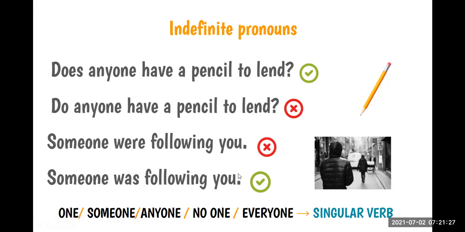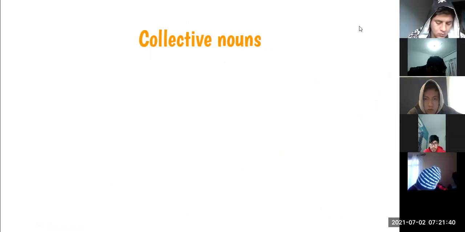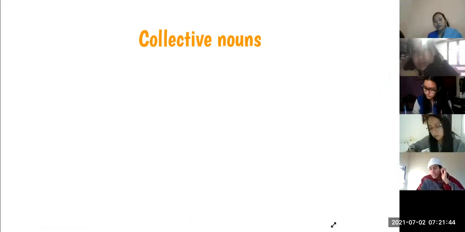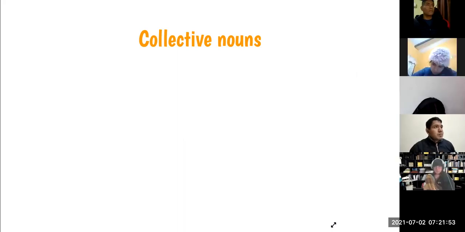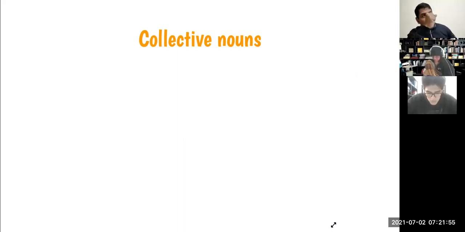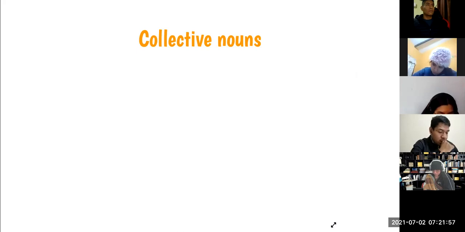Let's go to the next one. Then we have collective nouns. Okay, we are going to learn what is a collective noun. What do you think is a collective noun? Do you have any ideas of what this is? People, okay. Yes, could be. Anything else? No?